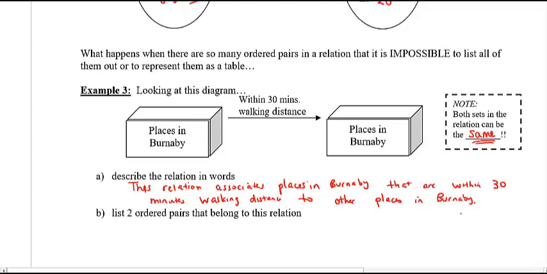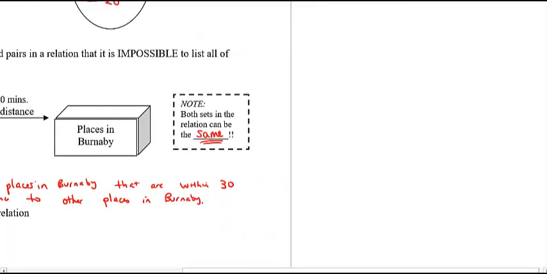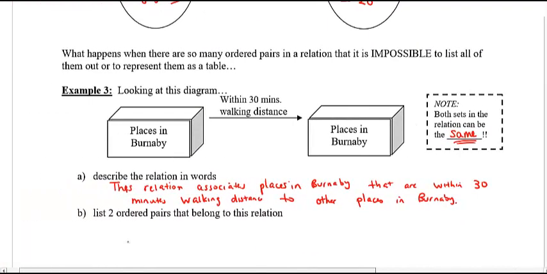Okay? So really thinking about locations in Burnaby, if I choose 2 of them, I can get to one from the other within 30 minutes. So what's an example of that? It says list 2 ordered pairs. So perhaps I'll say something like this. How about Burnaby South? That's where we're going to start. And where am I going to end?